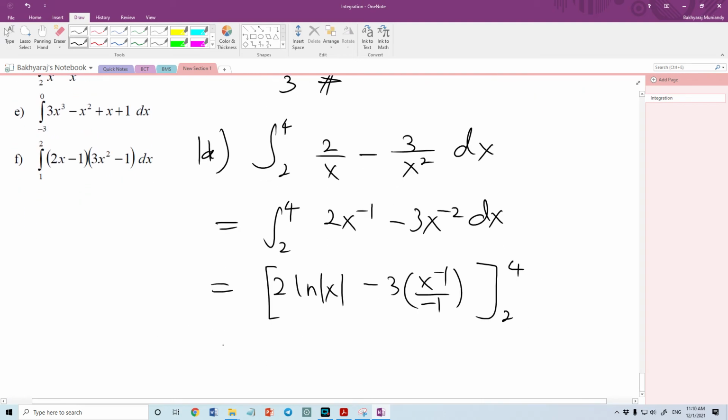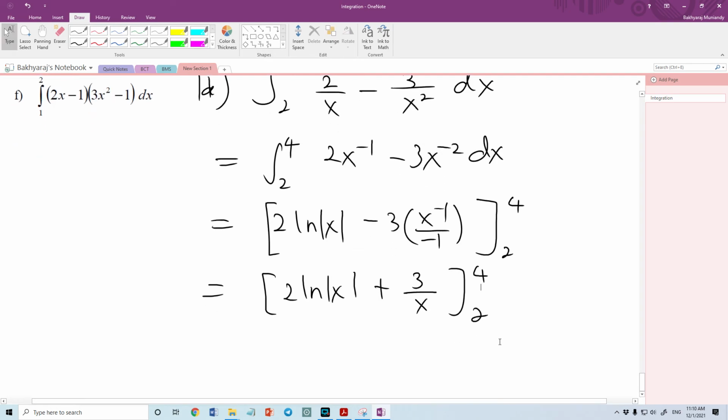Now we go for the substitution. Before we substitute, simplify, make sure you can see negative power become positive power. So now 2 log x minus, negative is positive, 3 over x, limits 2 and 4.